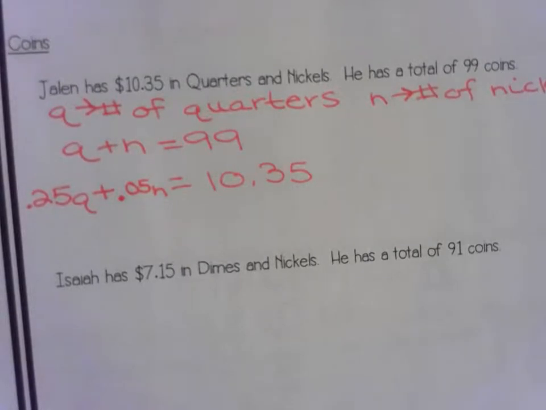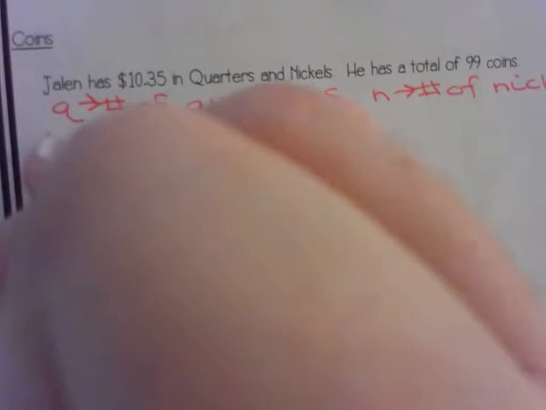Same number, opposite sign. Do I currently have that? No. What am I going to have to do? Multiply the top one by negative 0.25.